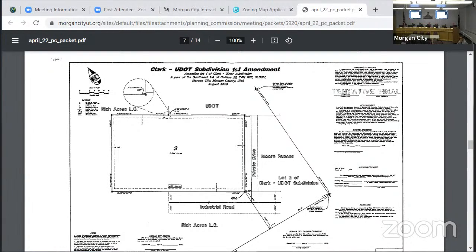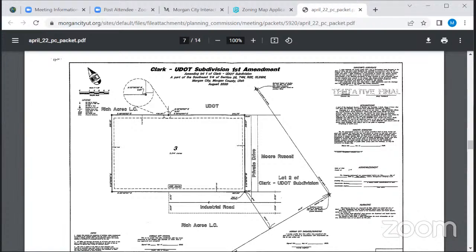Steve, it looks like you're in a Zoom session. If you can unmute, it shows that you're muted. Let's try again. The problem we're having is he's got really poor connection.